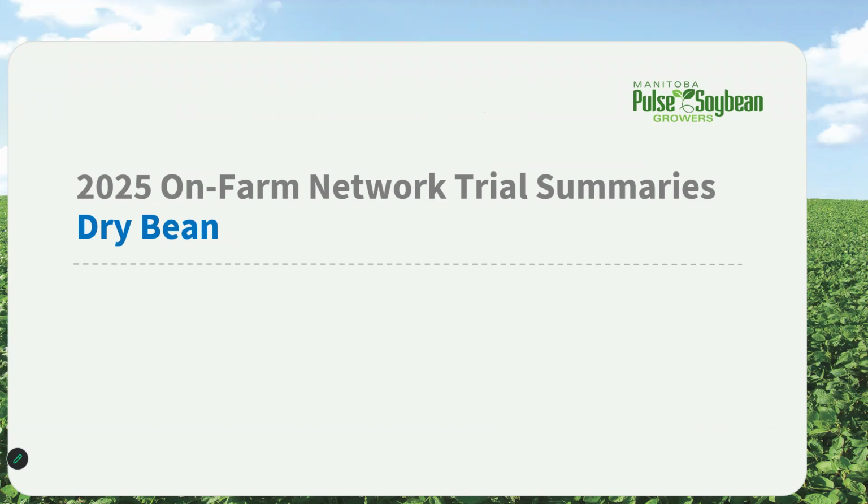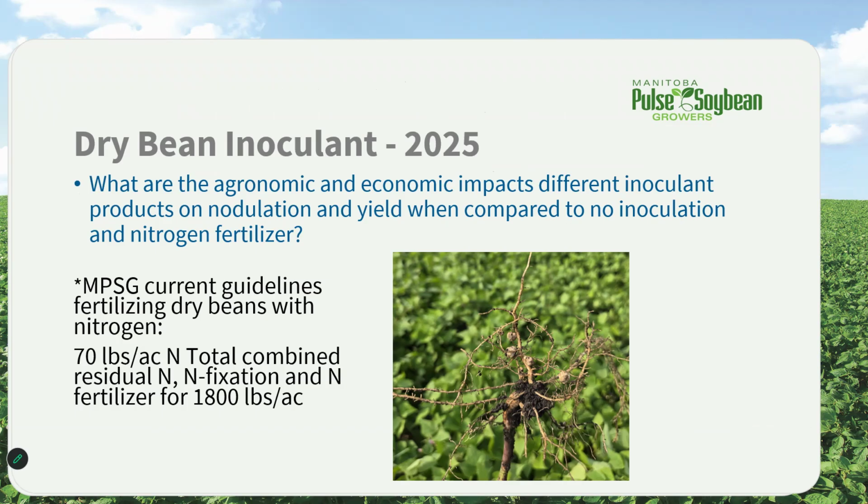So now we'll move on to trial summaries in dry bean, starting with dry bean inoculant trials held in 2025. And dry beans are relatively poor nitrogen fixers compared to soybeans. And as such, they are typically fertilized with nitrogen like non-legume crops.